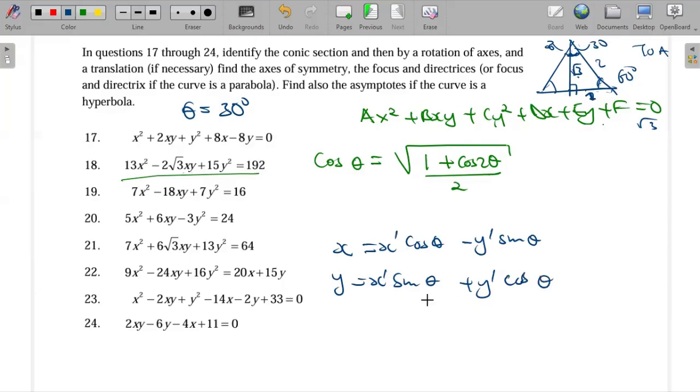You see these rotation equations have cos and sine, so the reason we're finding that angle is that we are able to find cos theta and sine theta. Now, I did mention that if you can't get it directly the way we found it, you'd have to resort to these kinds of formulas. The one for sine is sine theta is equal to the square root of 1 minus cos 2 theta, over 2.